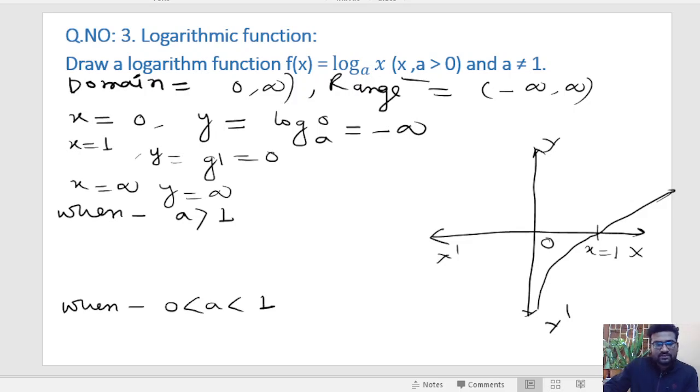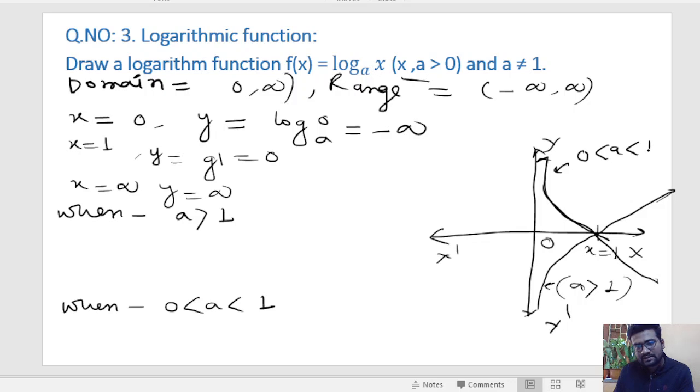This is the case a greater than 1. And this is 0 less than a less than 1, the function goes like this. This is a simple curve for 0 less than a less than 1.